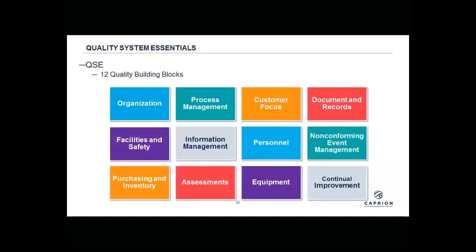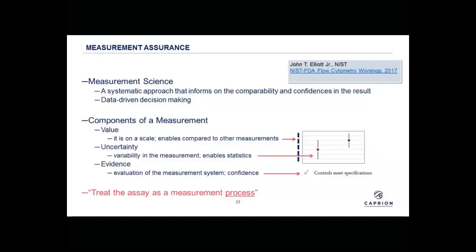There's not a test at the end, but if there were, you'll see that the presentation today focuses on most of these areas. So measurement assurance, this might be a new phrase for some of you, and so I just have this one slide to introduce you. And the concepts from this slide I took from a presentation by John Elliott at the NIST FDA workshop, which was held in 2017. I have a link to that workshop, and there's some more links at the end.